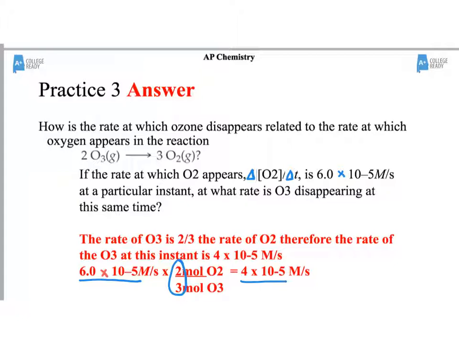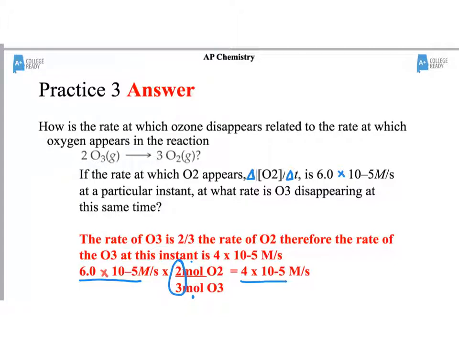Now here's what you can do to make it a little bit easier. Do you see that I just used stoichiometry here? Because this is what ozone is. And for every 3 moles of ozone, I'm getting 2 moles of oxygen. And therefore, this is the rate of oxygen. Okay? It's 2/3 what oxygen is. So this is the rate of ozone.